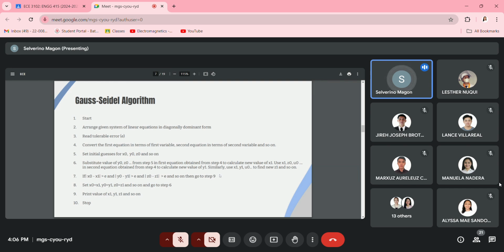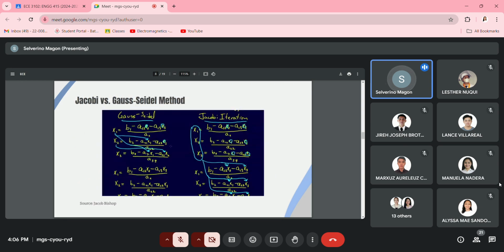Similarly, we will use x sub 1 and y sub 1 to find the new solution of z sub 1 and so on. Okay, so I guess we will proceed with the example later to further demonstrate this.